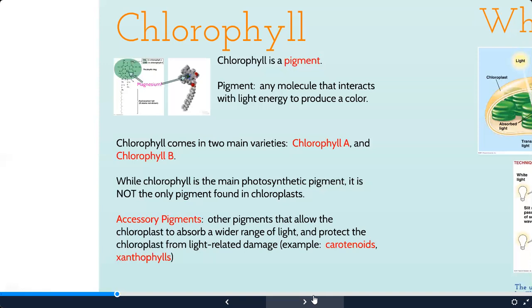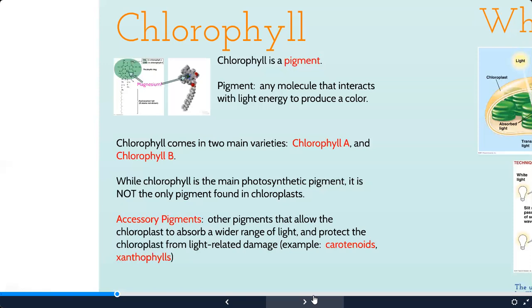So the way that color works in a pigment is the color that you see with your eye is the color that's reflected. So for chlorophyll, they reflect green wavelengths of light, and those wavelengths bounce off chlorophyll, hit our eye, and then that stimulates our photoreceptors, assuming we're not colorblind.